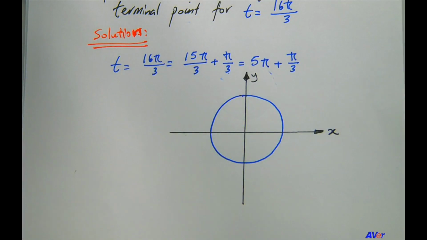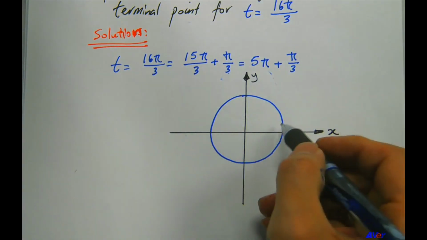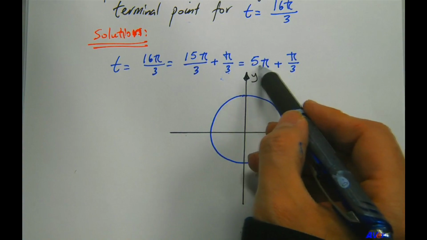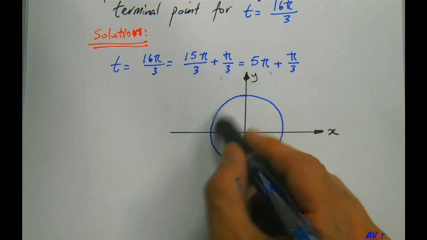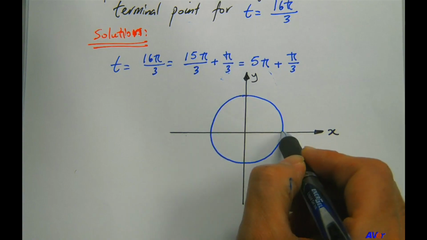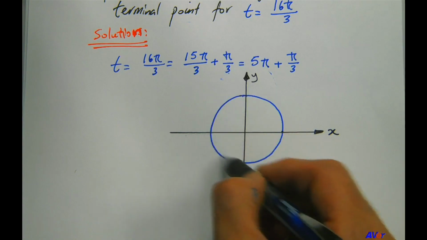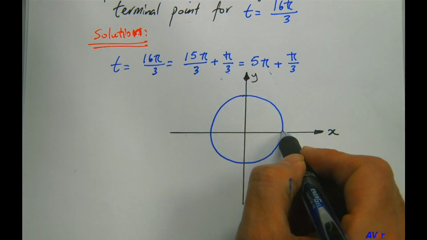So we know that 2 pi, let's focus on that. Where is this 5 pi? Well, 2 pi would be one full revolution. So that's 2 pi, plus 2 pi, another full revolution around this circle. That's 4 pi. If you go around the circle twice, you've traced 4 pi.